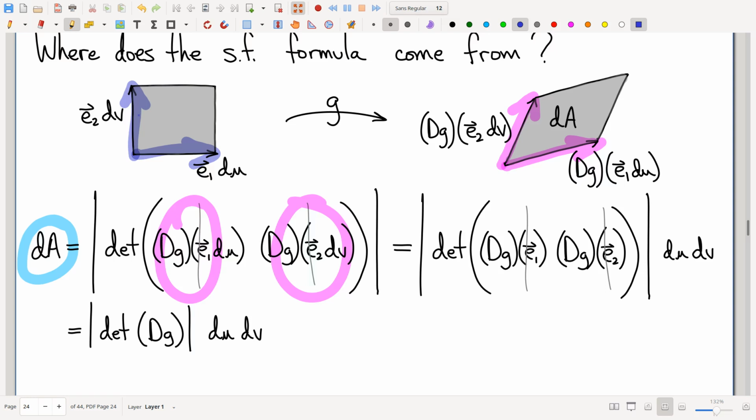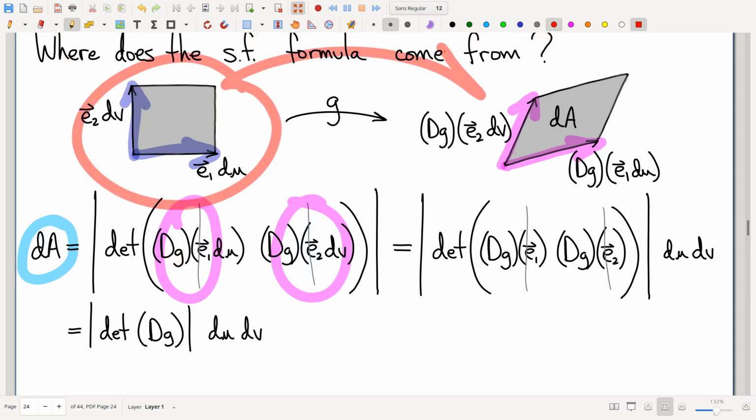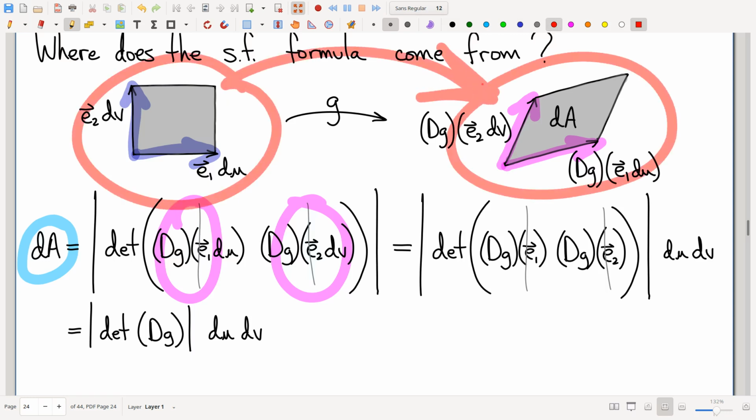The derivative matrix is what relates them. So you'll notice that that's all that's happened in computing. What do I have to do to turn those edge vectors into these edge vectors? I'm just multiplying by the derivative matrix. That's all it is, right? So that's where these edge vectors come from. Area is the absolute value of the resulting determinant.